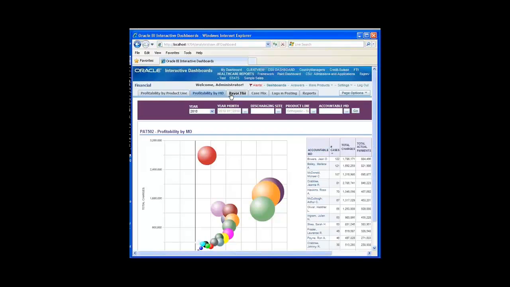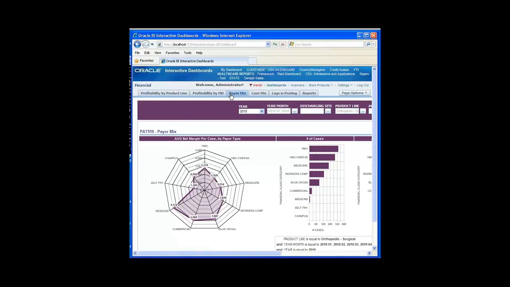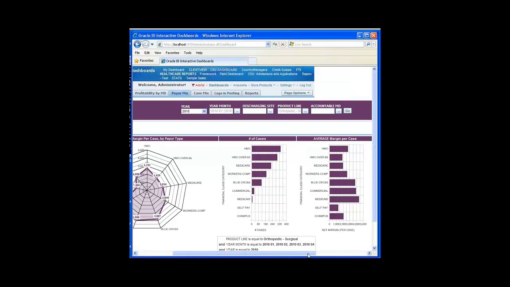Okay. The next page is payer mix. And so let's say, for instance, for orthopedic surgical, my cases are increasing over a period of time. It's not necessarily just the fact that my cases are increasing, but the case mix or the case weight often has implications in terms of your margin on those cases.